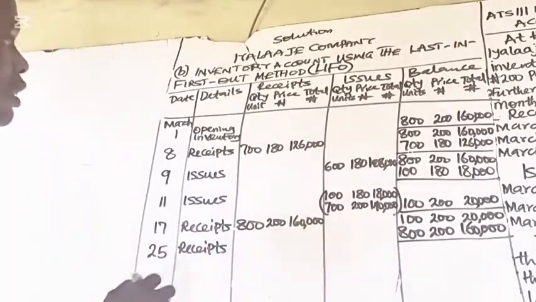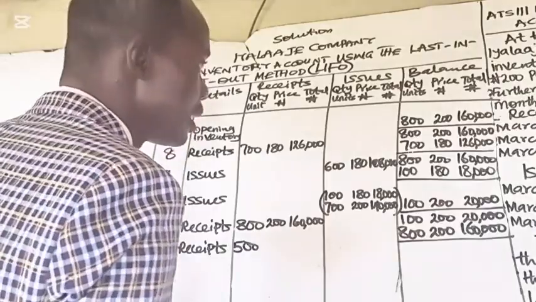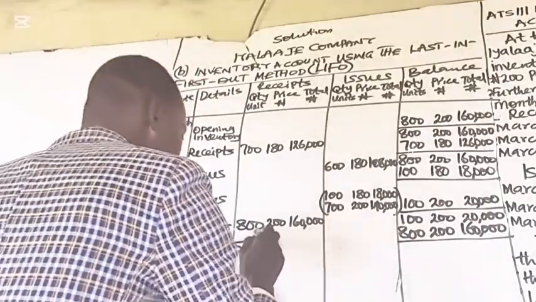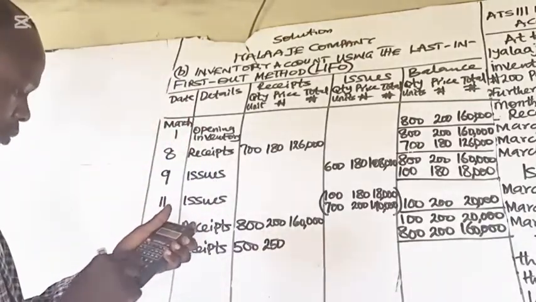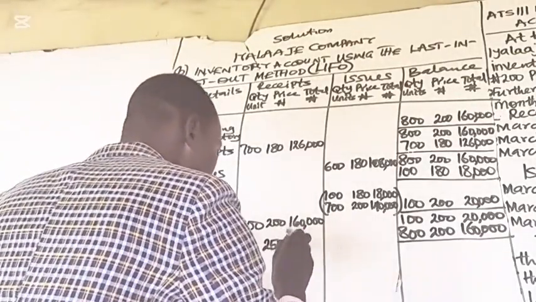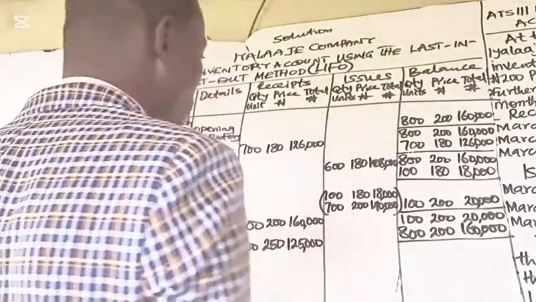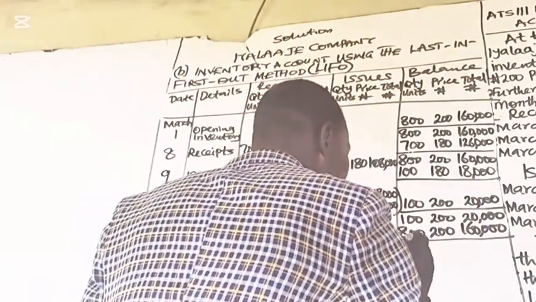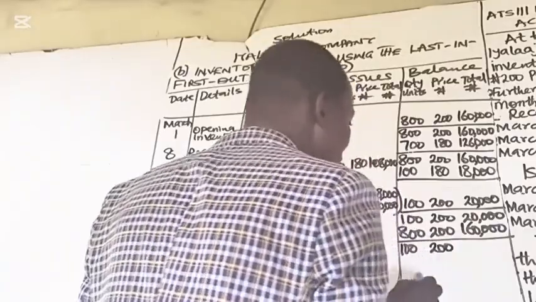March 25, receipts. You receive 500 units at the price of 250. 500 times 250. That gives us 125,000. Then the balance column, you had 100 units before at the price of 200.